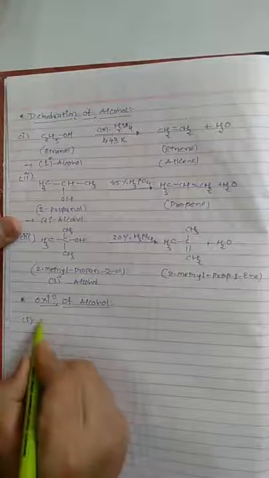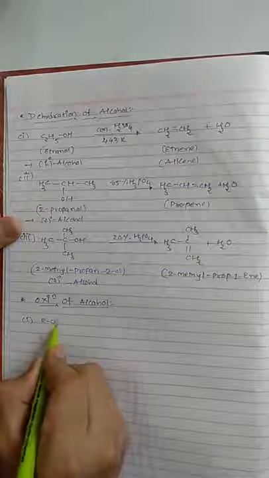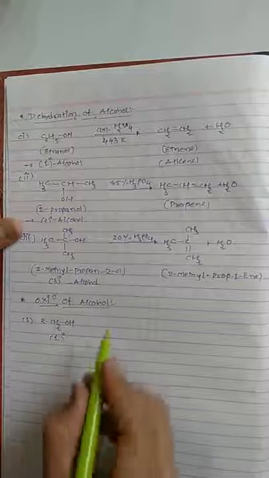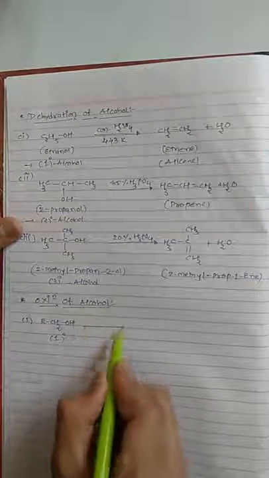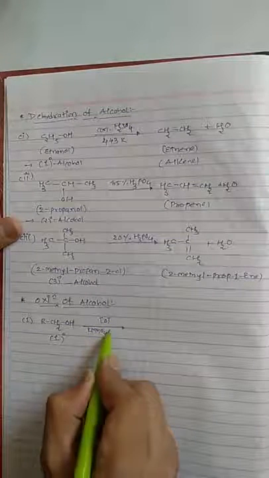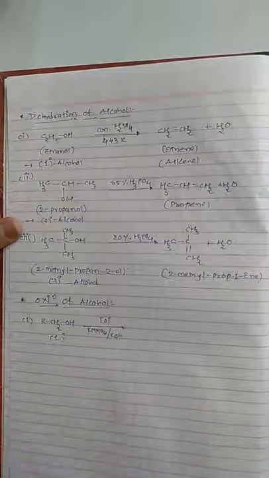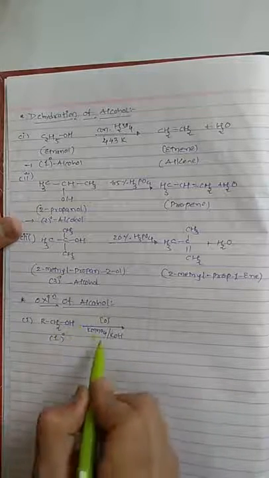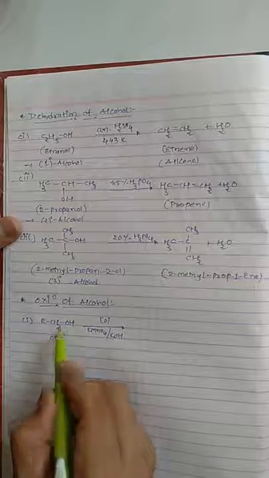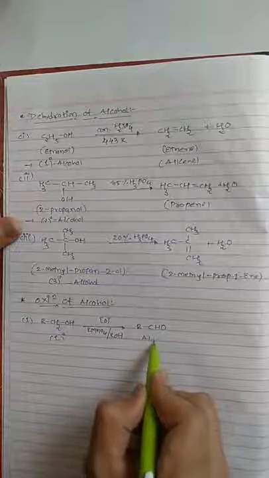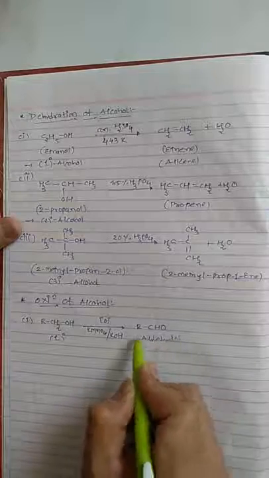about primary alcohol. The structure of primary alcohol is RCH2OH. When it is oxidized in the presence of KMnO4 and KOH, which is a strong oxidizing agent, the definition of oxidation is removal of hydrogen, so it will form an aldehyde as an intermediate product.